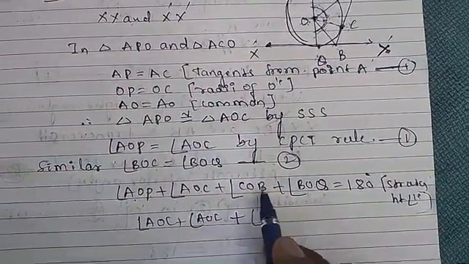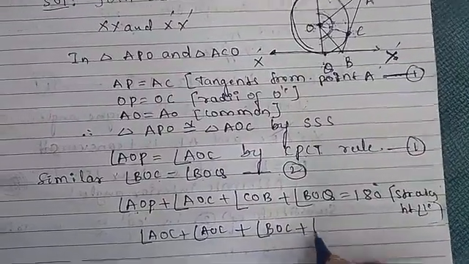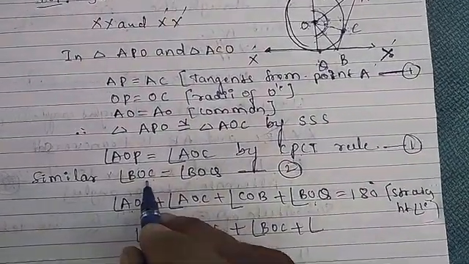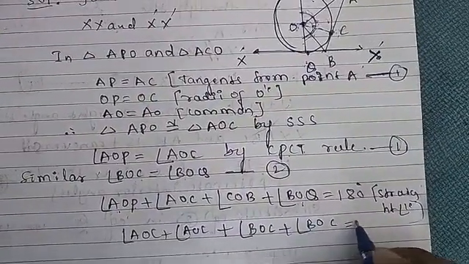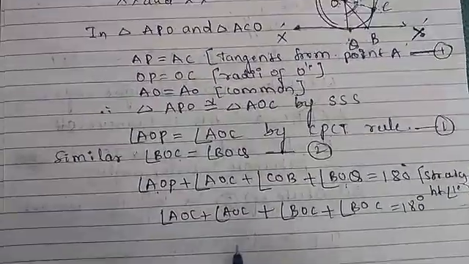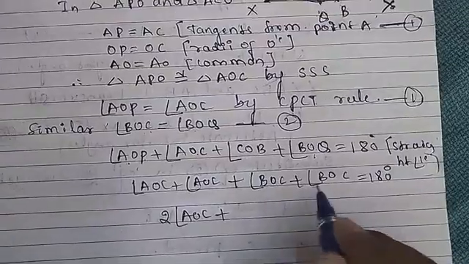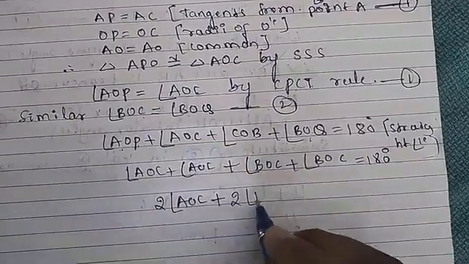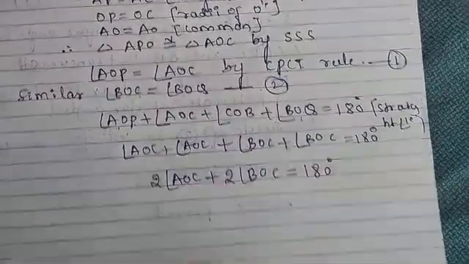COB or BOC, both are the same here. Therefore angle BOC plus angle BOQ means angle BOC plus angle BOC is equal to 180 degrees. Now 2 times angle AOC plus 2 times angle BOC is equal to 180 degrees. Clear?